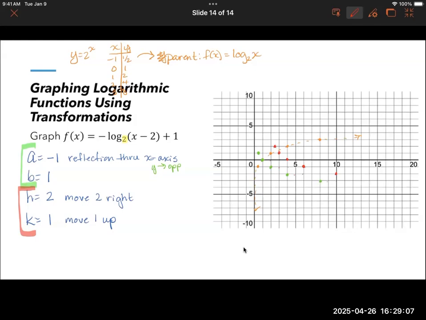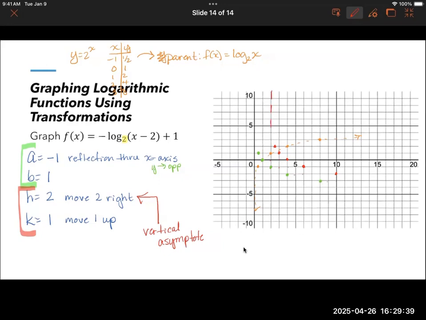Okay, and now in this case, remember we said k told us where the horizontal asymptote would be in an exponential function. Well, now it's the h that tells us where the vertical asymptote will be in our logarithmic. So the vertical asymptote is going to be at x equals 2.